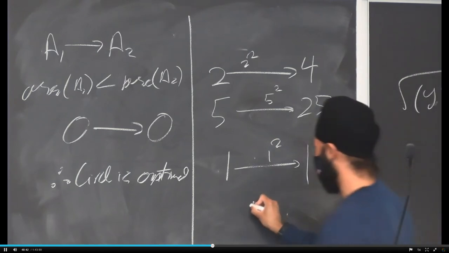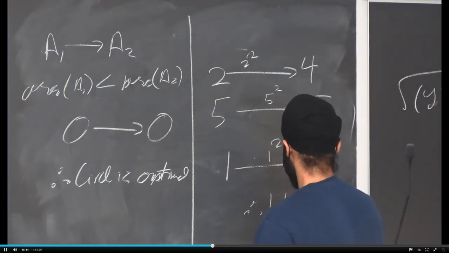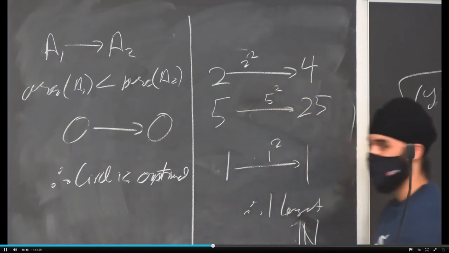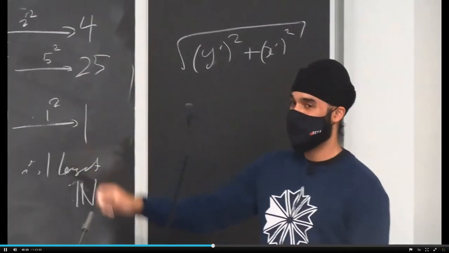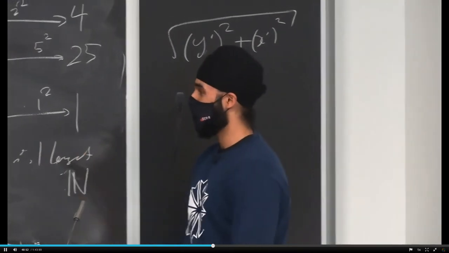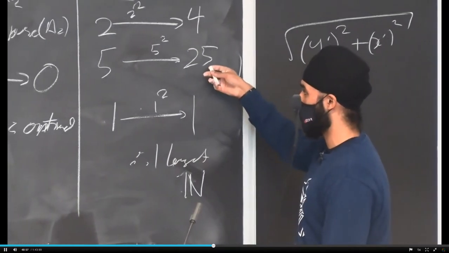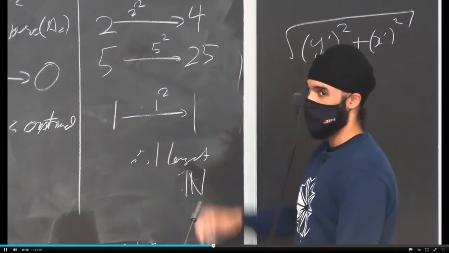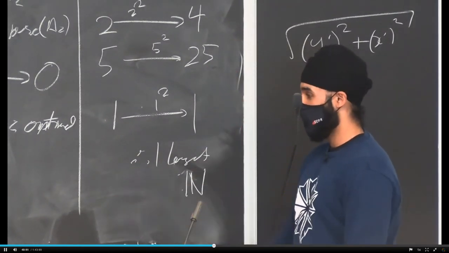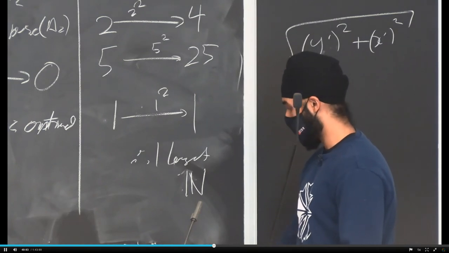So therefore, 1 is the largest natural number. That highlights the issue with this thing. If you assume there's a largest integer, and you show that every single integer is not the largest, then the one that's remaining has to be the largest. That's the flaw with Steiner's argument.